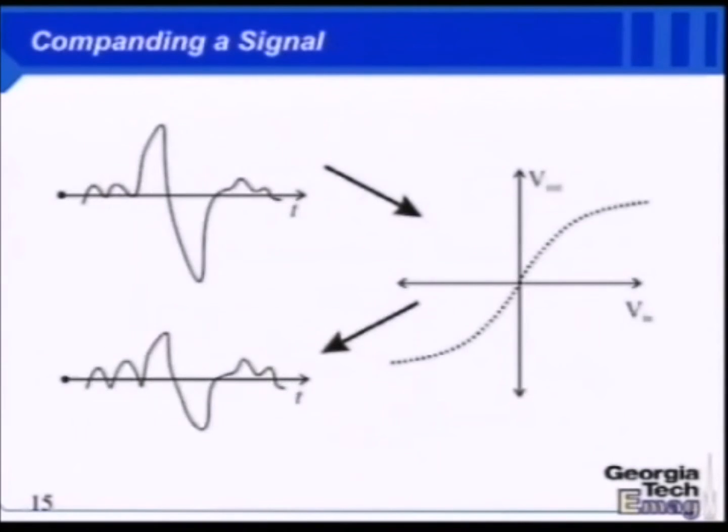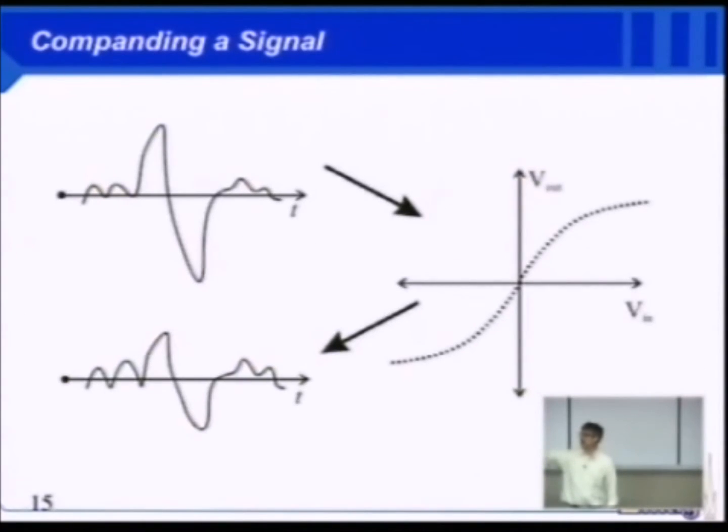What is a compander? A compander is just a device that non-linearly maps the input voltage to an output voltage. So here's an example of one. I've got a signal at the top that has, you'll notice, some pretty high peaks.